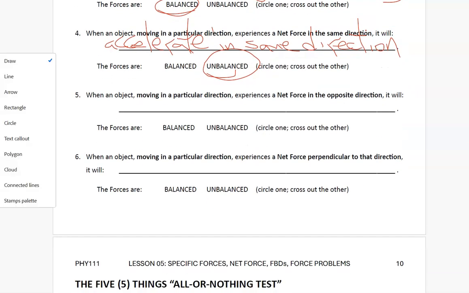Number 5, when an object is moving in a particular direction, so the object's already moving along, and then there's a net force in the opposite direction. What will happen? Well, if there's a net force on anything at all, no matter what it's doing, that object will accelerate.